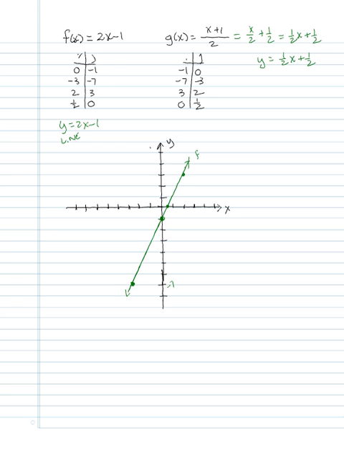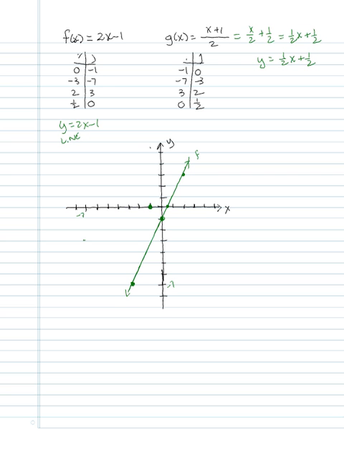Anyway, we plot the point negative 1, 0. Negative 1, 0 is this point, isn't it? Okay. And then we plot the point negative 7, negative 3. Well, let's see, 1, 2, 3, 4, 5, 6, 7. Here's where negative 7 is. And of course, negative 3 is down at this level.